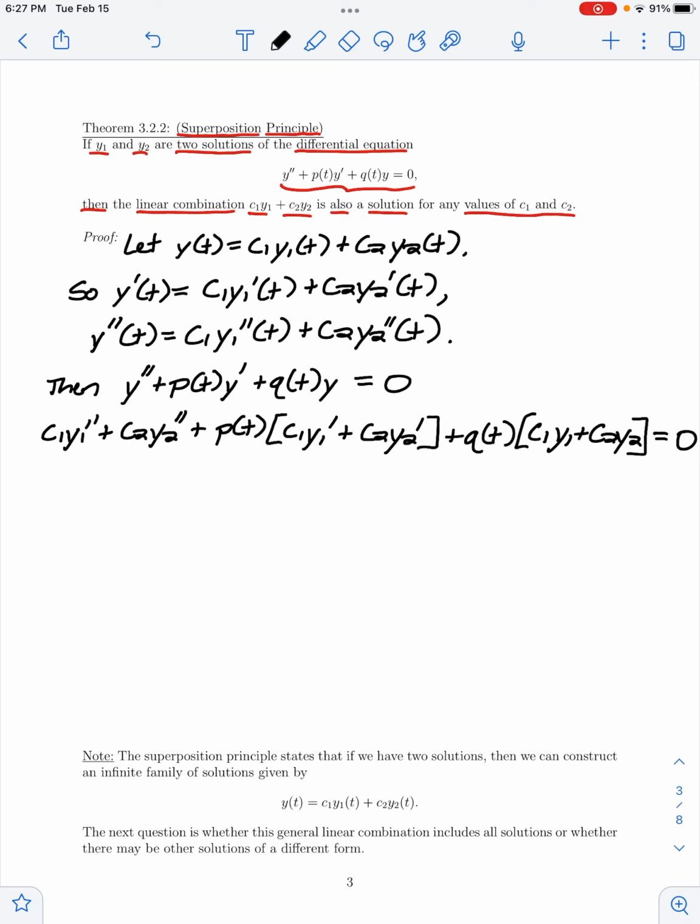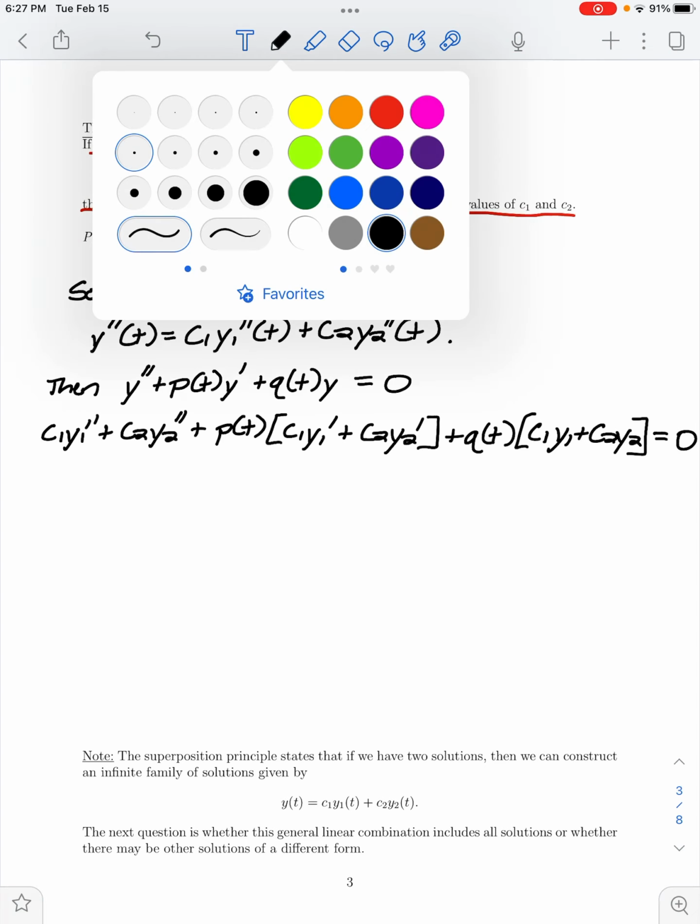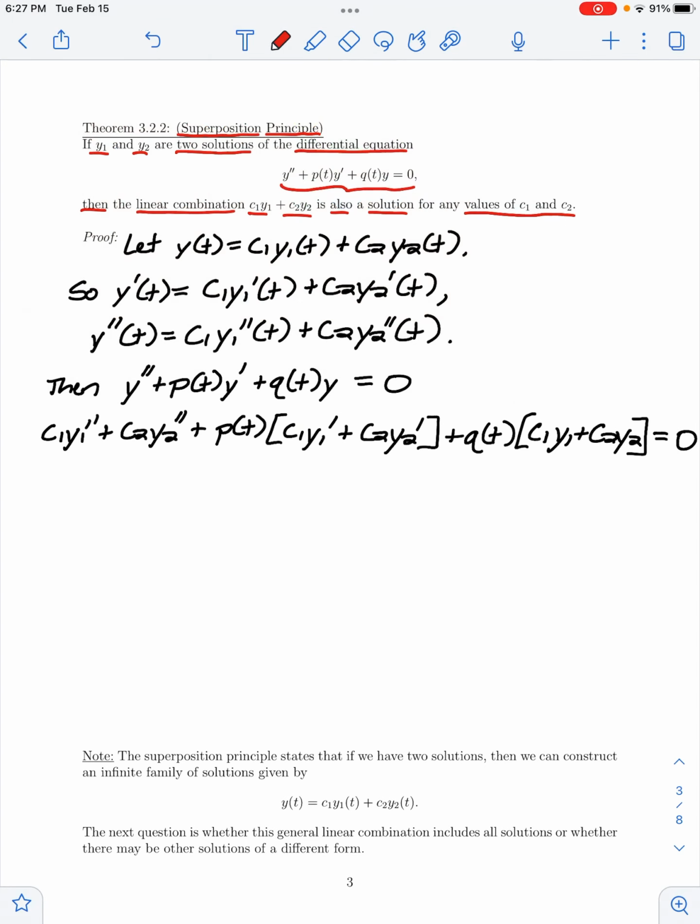So if we distribute and group like terms, let's say that we group everything involving y1 or its derivatives together, and then we group everything involving y2 and its derivatives together, let's see what we have.